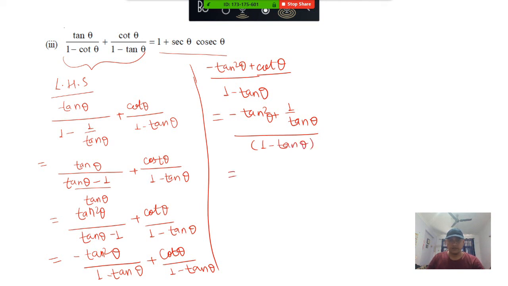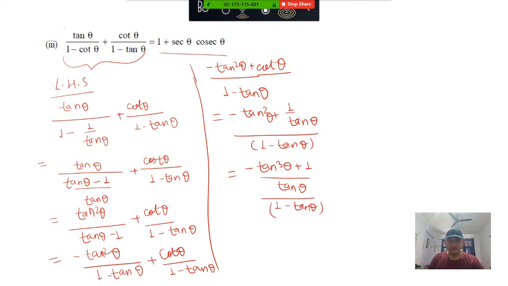So after taking LCM, the term becomes minus tan cube theta plus 1 upon tan theta at the numerator. In the denominator it is 1 minus tan theta, correct?